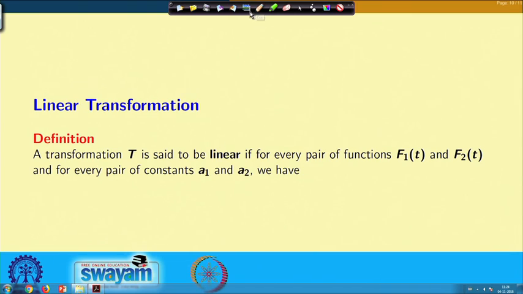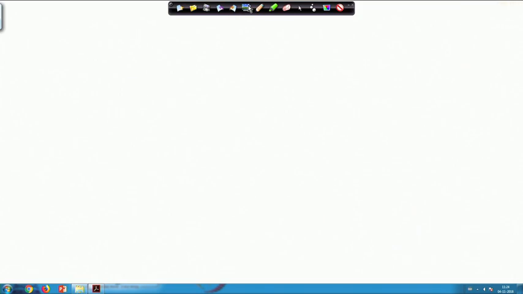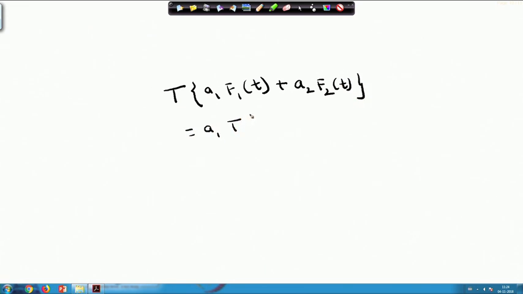So, T of a1 f1(t) plus a2 f2(t) is equal to a1 T of f1(t) plus a2 into T of f2(t).